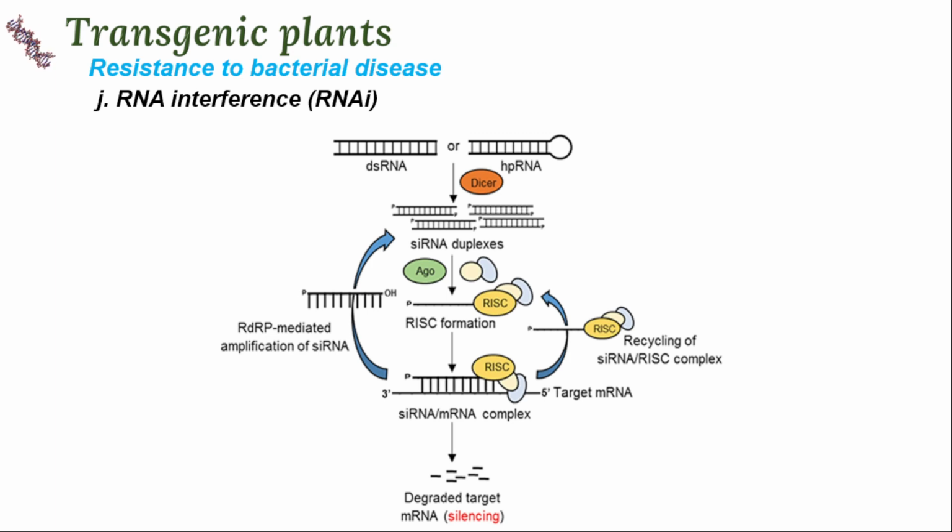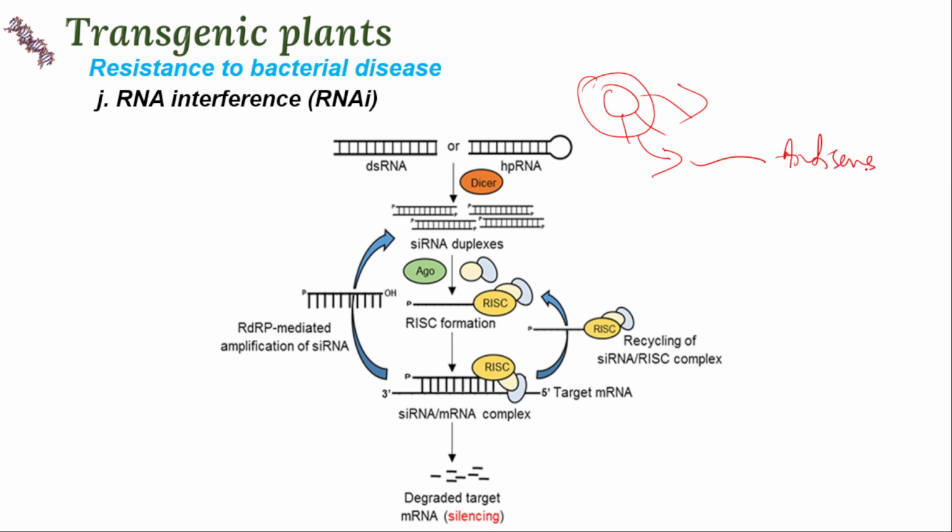And the next approach is called the RNA interference mechanism. You already know that whenever the bacterial circular DNA enters, some part of the genes will be targeted, and then these genes will be introduced as an antisense RNA.